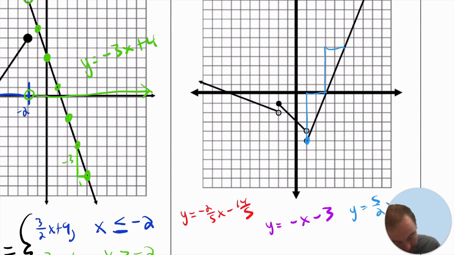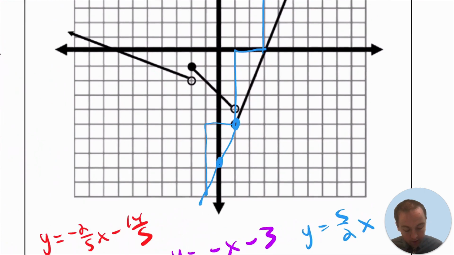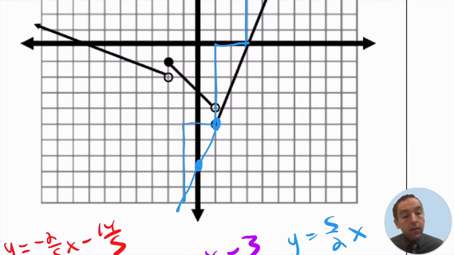If we keep going over 2 and down 5, it's also going to have a decimal y-intercept, which is negative 7.5. You could logically figure that out because it lands halfway between negative 5 and negative 10.